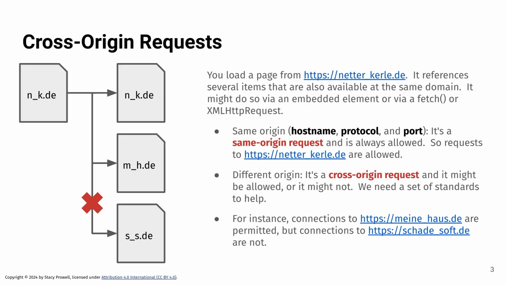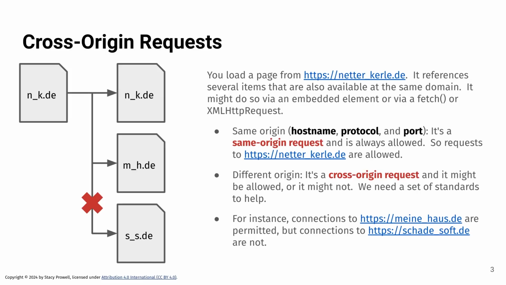So, for example, we might load a page from netacurl.de, and it may reference other items that are available at the same domain. And it might do so by using an embedded element or by a fetch or by an XML HTTP request.